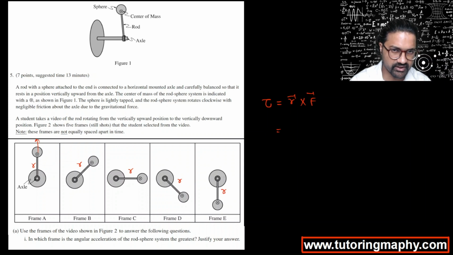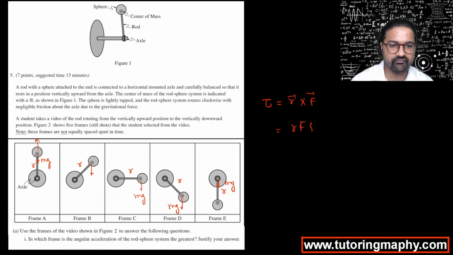So that's the same in all the 5 cases. And the value of F is also the same, right? Because its mass, whatever it is, it's not given. So let's say the mass is M. So mg downwards here, mg here, mg here. In all the 5 situations, mg is constant. So the force is constant.